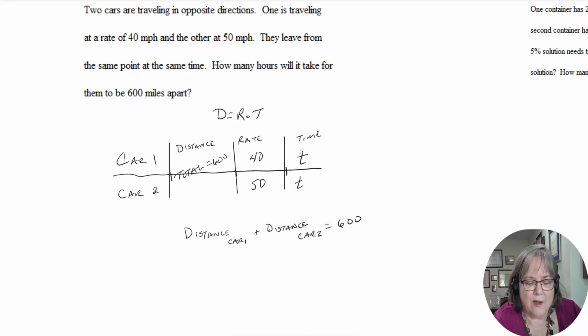So the distance of car 1, its rate is 40, and its time is some amount of time t. What's the distance of car 2? Its rate, which is 50 miles an hour, times its time, which is the same amount of time, because they're just driving for the same amount of time. And this is 600.